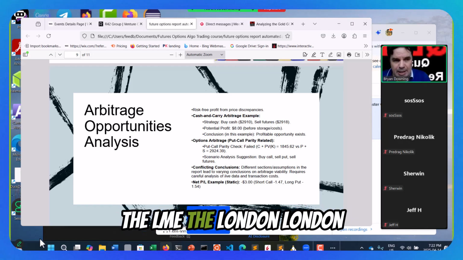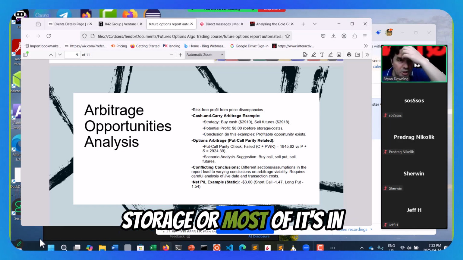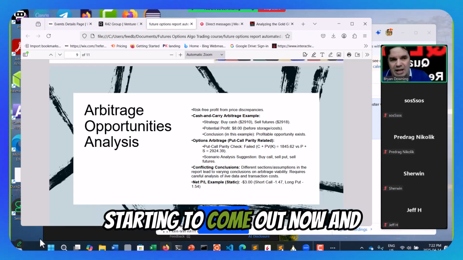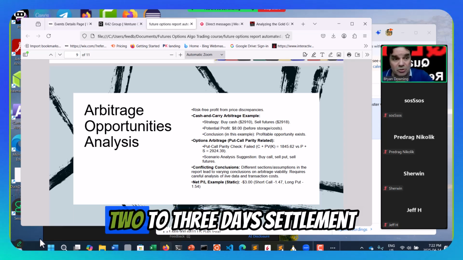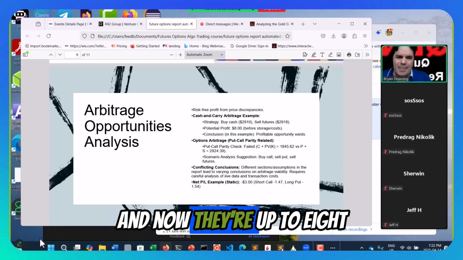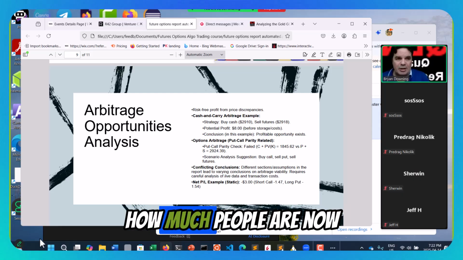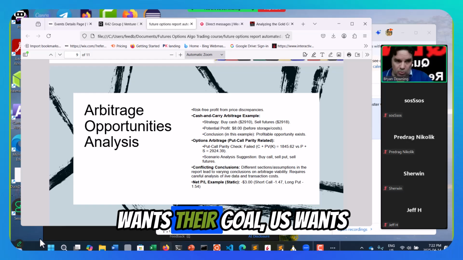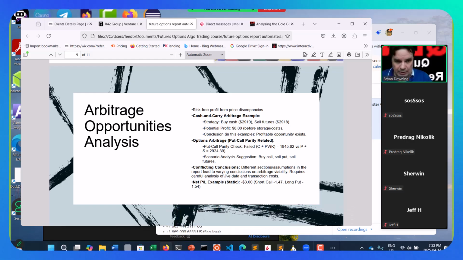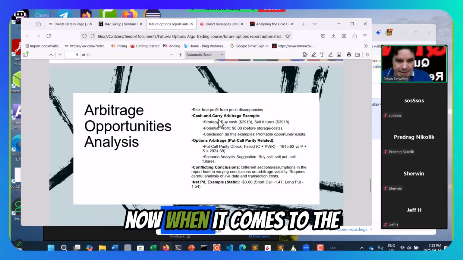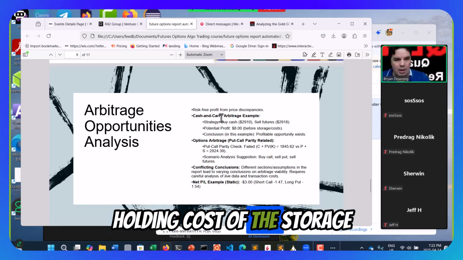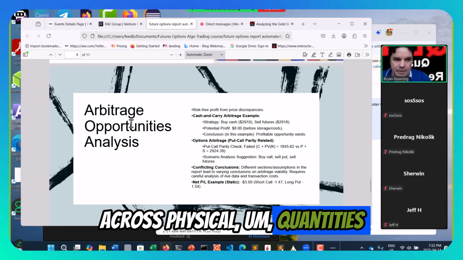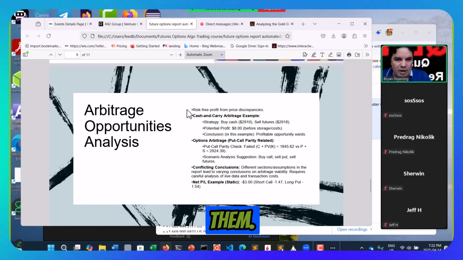If it's in the LME, the London storage, or most of it's in London or Switzerland, and it's starting to come out now in quiet ways. It usually takes 2 to 3 days settlement, and now they're up to 8 weeks of settlement. That's how much people are now putting in, panicking. They want their gold. Germany wants their gold. The U.S. wants their gold. So that's what's going on right now when it comes to the holding cost, the storage cost, and that can be right across physical commodities, and gold being one of them.